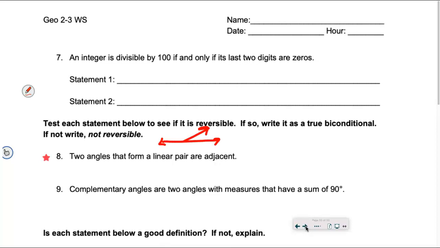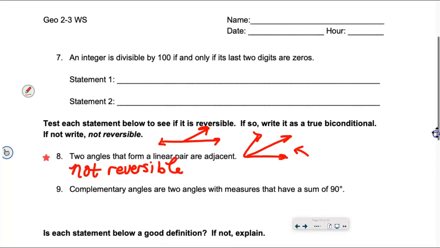If two angles are adjacent, then they are a linear pair. Not necessarily true, right? From last chapter. So this one would be not reversible. I found a counterexample. I found a pair of adjacent angles right here that are not a linear pair.